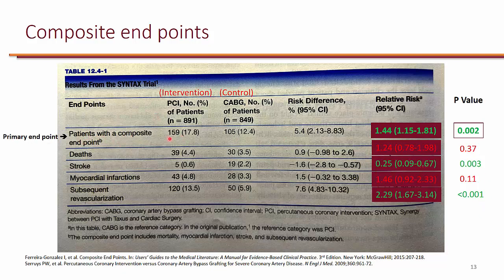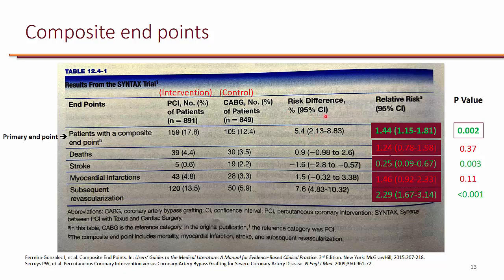You can see that the rate of the primary endpoint was 17.8% in the intervention group and 12.2% in the control group. So the rate was actually higher in the intervention group. What you can do is calculate the difference between them. Basically 17.8 minus 12.4 will give you 5.4. So the difference between the two groups is 5.4%.